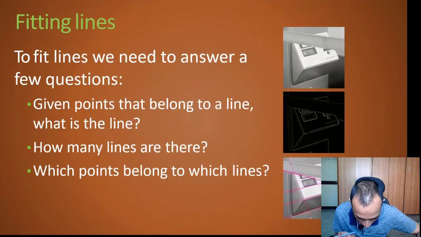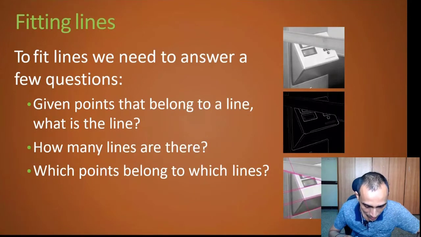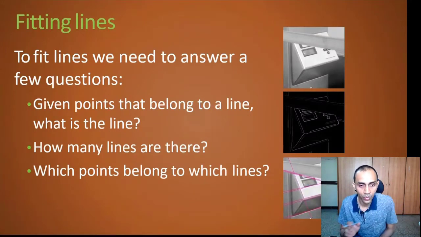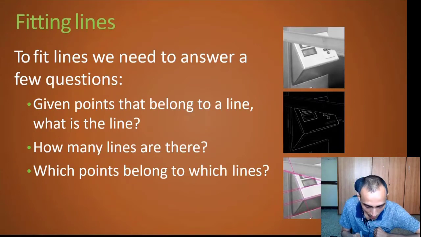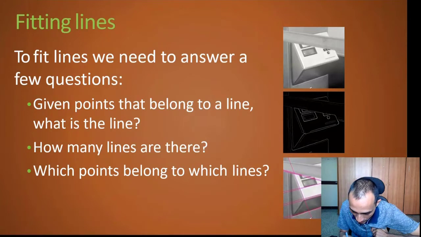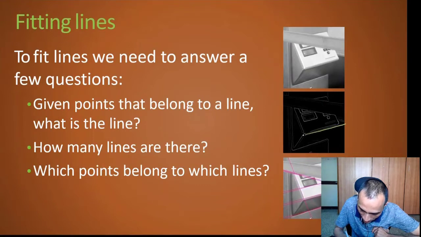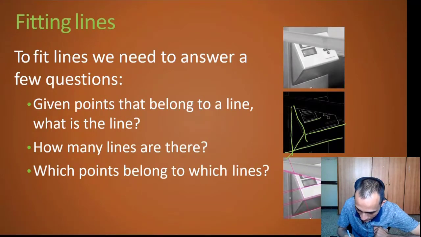Again, we are starting from the simplest case, lines, but we'll see we can extend it to other arbitrary shapes, because it is easier to understand through lines. For example, if you have to fit lines in this image, which is probably an ATM machine, and we do edge detection, there are many lines which are possible and will come out. Let us say we want to detect all those lines, and this is the result that we want.